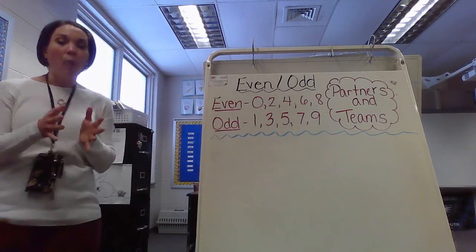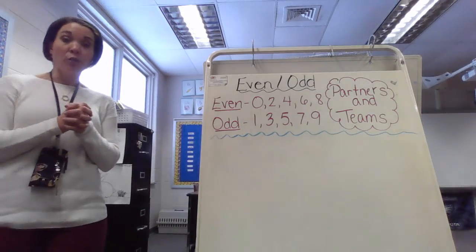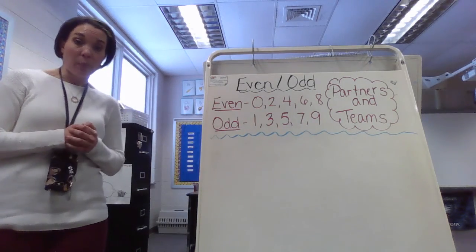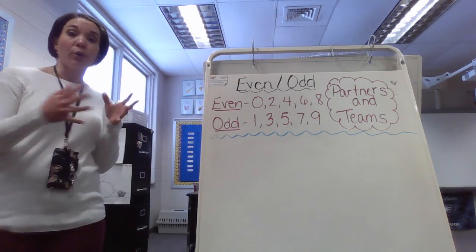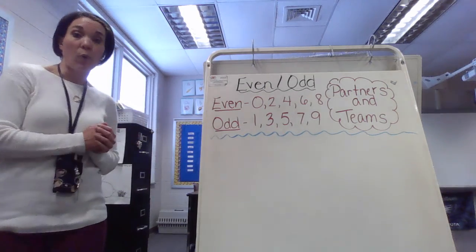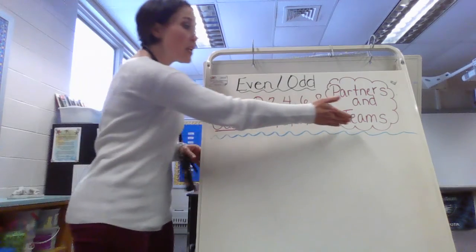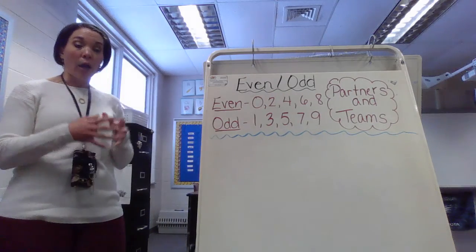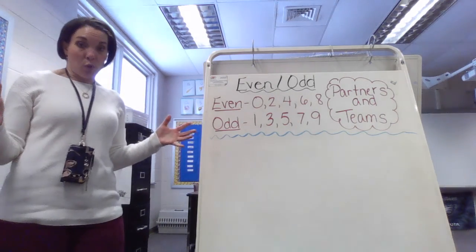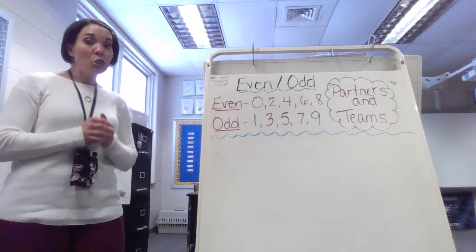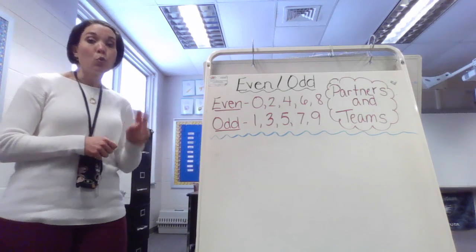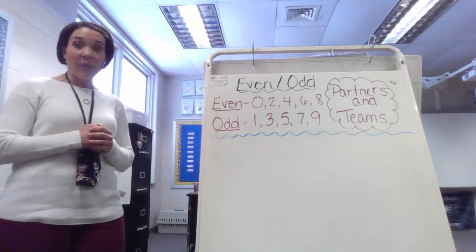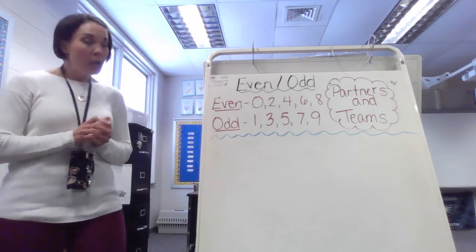Partners are groups of 2 people, yourself and someone else. Teams are 2 bigger groups of people, not 2 people, but 2 groups of people, and that could be any number.